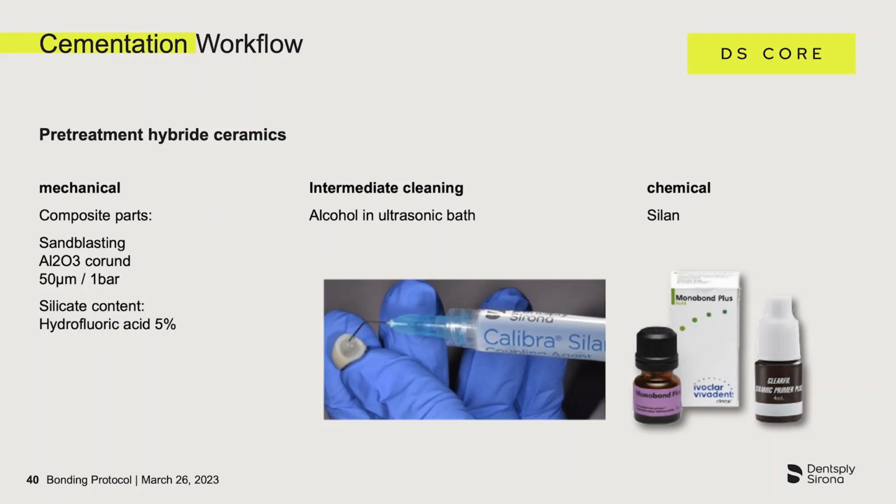With regard to the different materials, it should be noted that the manufacturer's instructions should be followed. After sandblasting or hydrofluoric acid pre-treatment, the indirect restoration is cleaned again in alcohol in an ultrasonic bath. The chemical bond to hybrid ceramics is usually achieved with silan.